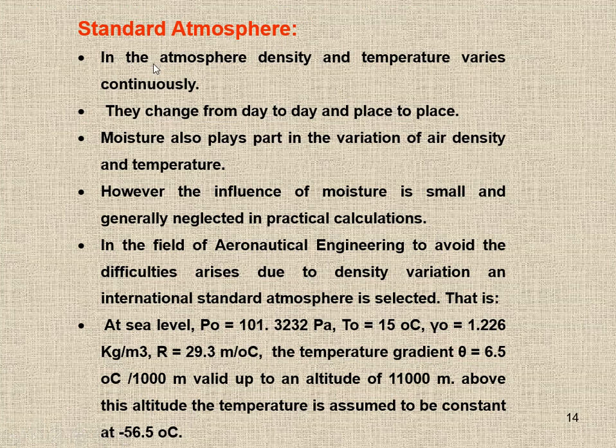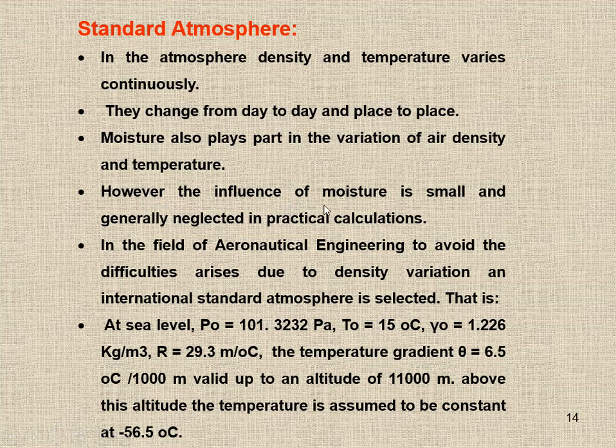In the atmosphere, density and temperature vary continuously. They change from day to day and place to place, definitely, because based on the place and day they change. Moisture also plays a part in the variation of air density and temperature.